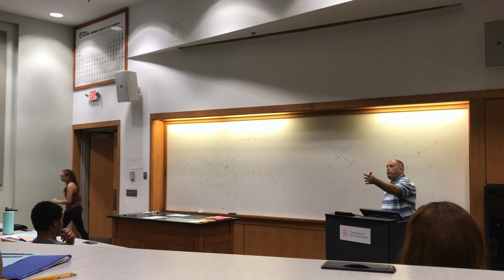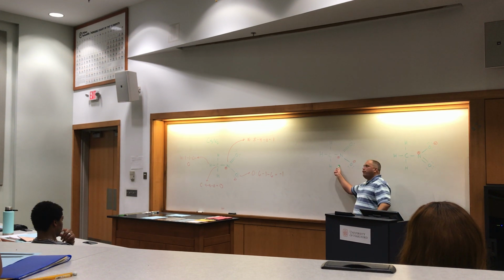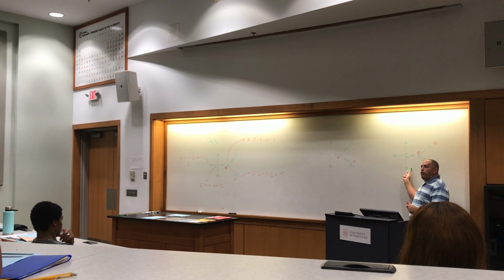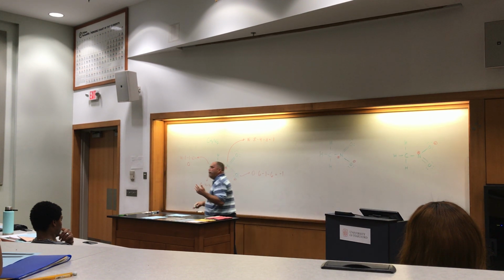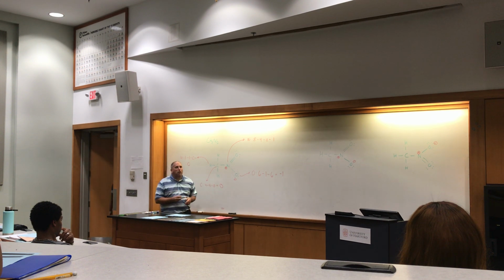It may not have been perfectly split, but half of you might have drawn this, half of you might have drawn this. Both of these Lewis structures are valid representations of this molecule.